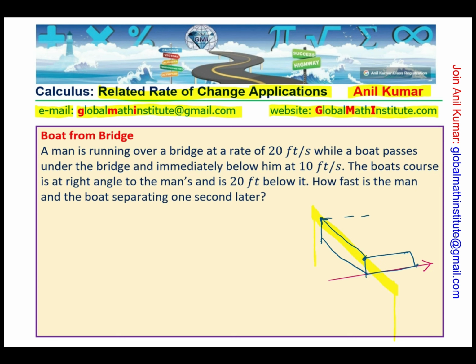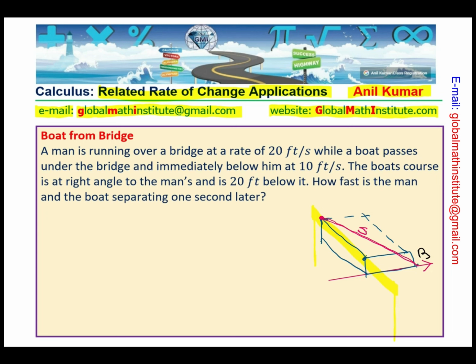So we have a rectangular prism right there. Separation between the two is the diagonal, the longest diagonal in the rectangle, correct? So that is the separation, let's call it S. We need to find the rate of separation.